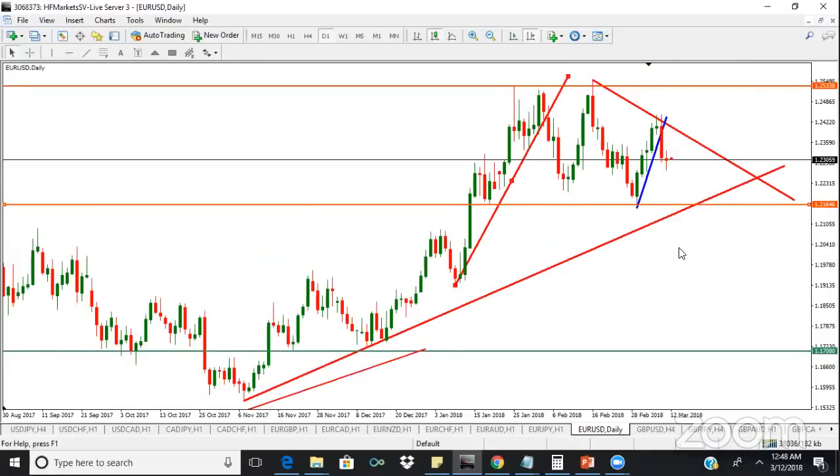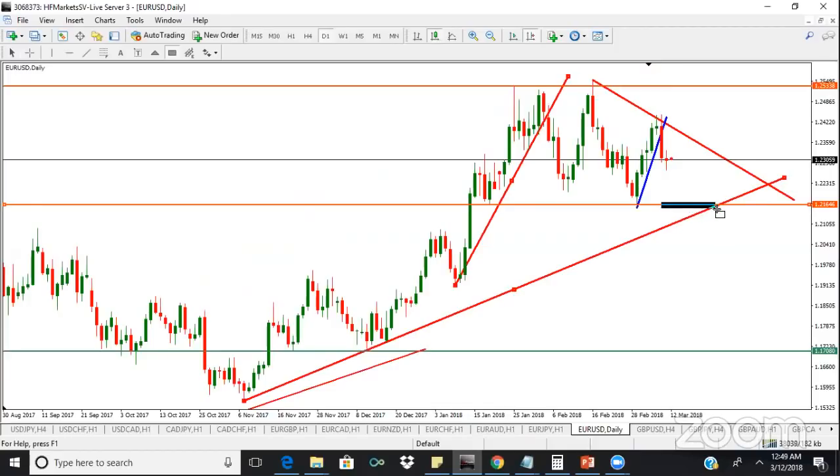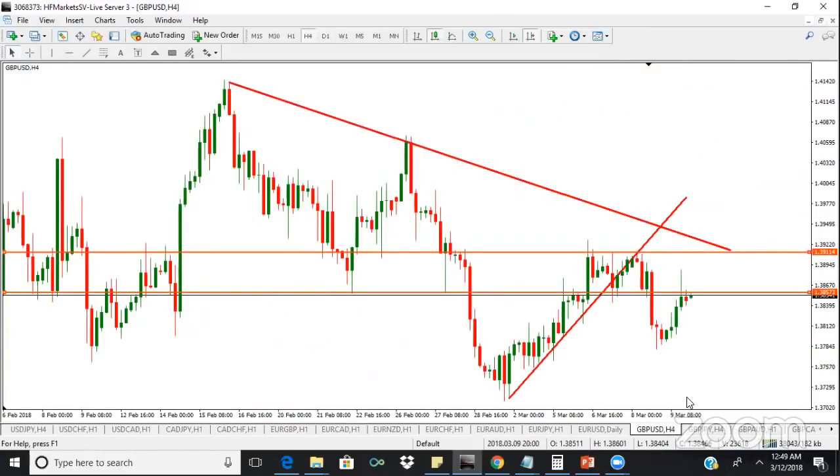So the sell is in proportion. However, I'm waiting for this zone for another buy. So if it comes here, we pull a buy. If not, we allow it to break and follow back. Okay?